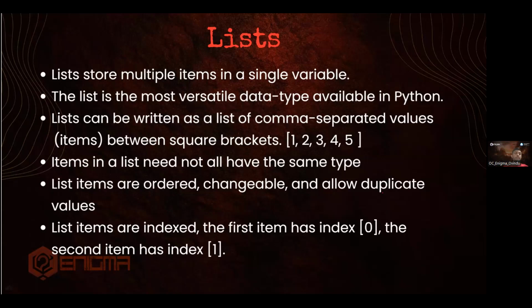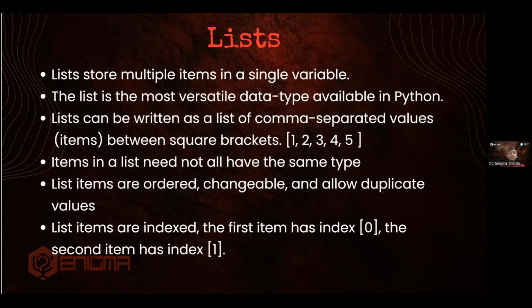These are a few points of lists that make them different from the other data structures that you will learn. Also remember, as I mentioned before, lists are ordered and therefore they have an index. They are indexed. So the first item has an index of 0 and the second item has an index of 1.